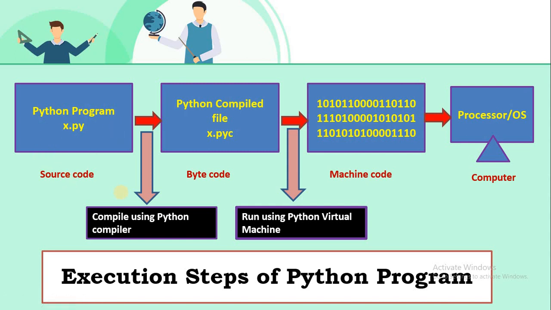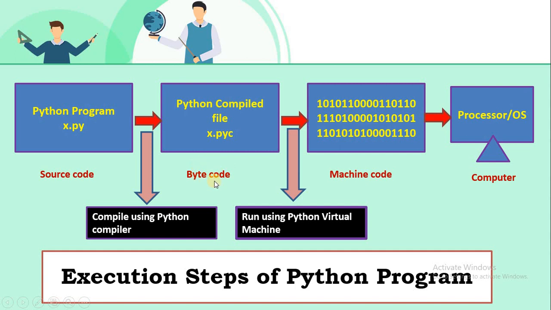That is called source code. Then we compile this source code with the help of the Python compiler. This is the first step. After compiling this source code, another file will be created internally with the extension .pyc, Python compiled file. After compilation, this file will be created.